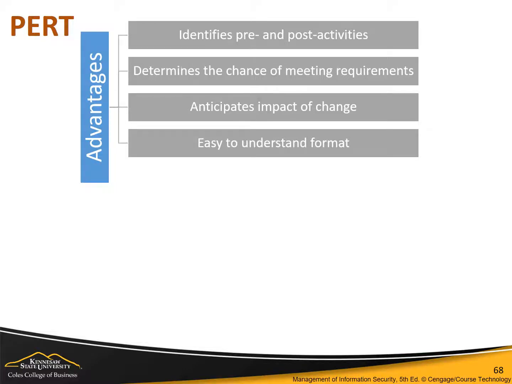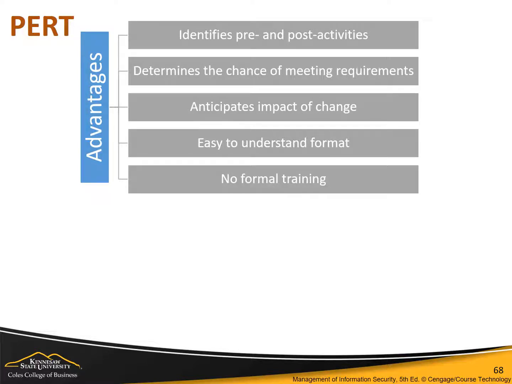PERT presents information in a format that both technical and non-technical managers can understand and use. If you're an infosec professional, you have to be able to talk to non-technical managers. They are the ones who usually control the allocation of funds to projects, so you want them to be your friends. Finally, PERT requires no formal training.